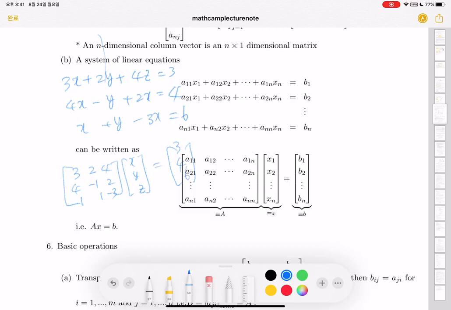Okay, so when you write this matrix notation and this system of linear equations, they mean the same thing.